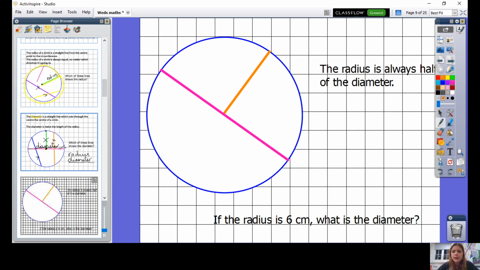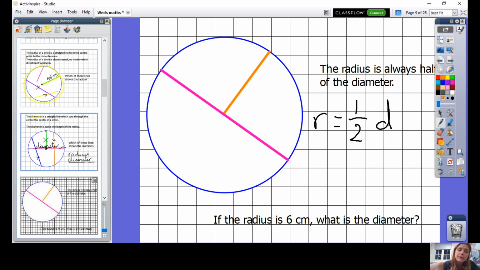Let's move on then. Another interesting fact that you need to know when you're learning about circles is the radius is always exactly half of the diameter. Whatever the diameter is, the radius will be half of that.